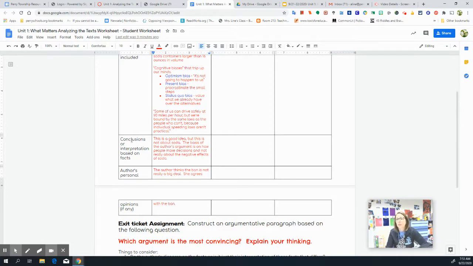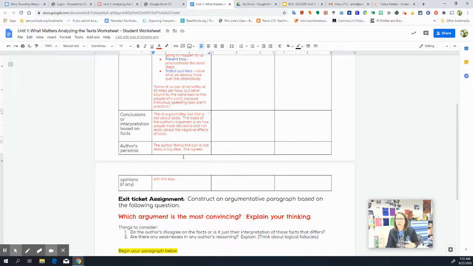Okay, and so for that conclusion and that interpretation, it's what I think she's using her facts to support. Okay. And so that's where that becomes that decision, and not really about the negative effects of soda. It's more about that decision-making process. And we have trouble doing that based on these biases. Okay. Now, jumping down to the author's personal opinion.